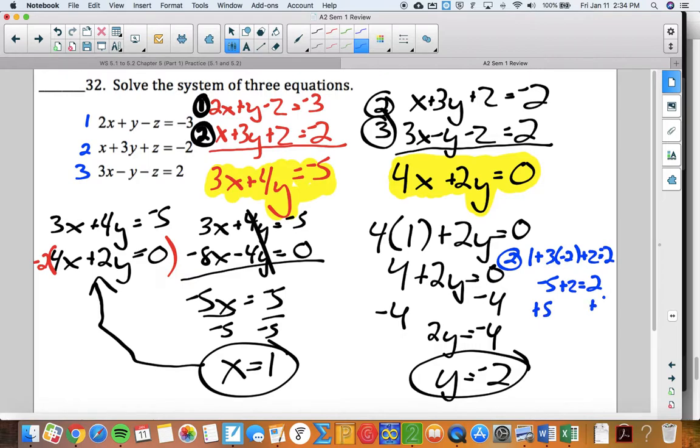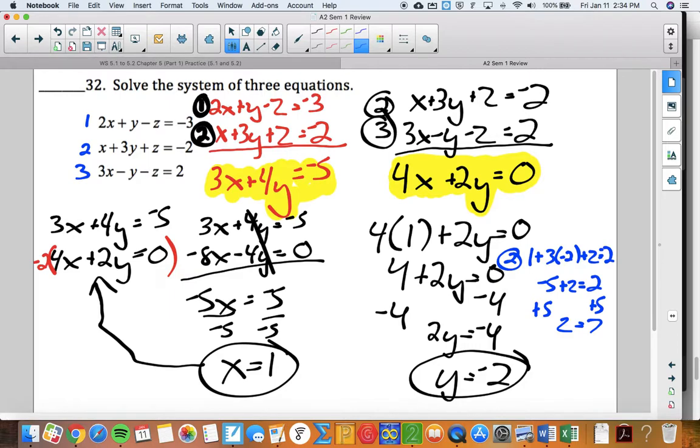Add 5, z equals, oh, did I copy something wrong? I'm getting 7. An answer key that I have off to the side here says that it's 3. Let's see, 1, -2.